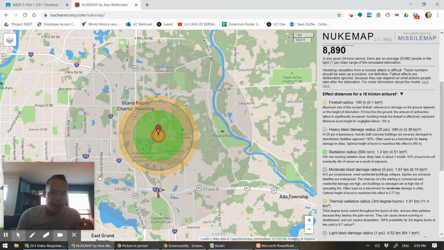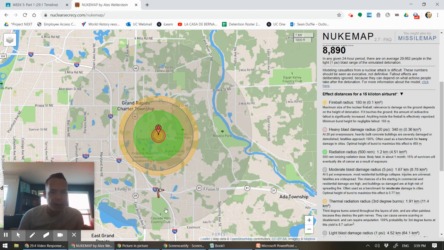This ring right here in orange, if you are not shielded or not behind something, you are going to be experiencing really deep burns over whatever part of your body is exposed. So if you're out in the open, anywhere within this orange ring, you're probably going to be experiencing severe burns. You may not be injured from the actual flying shrapnel or material, but you're going to face some serious injuries.